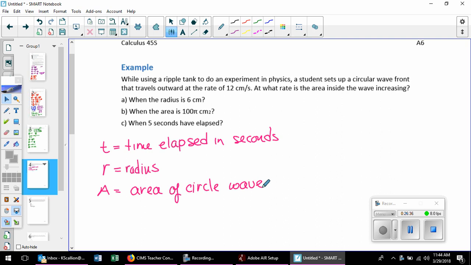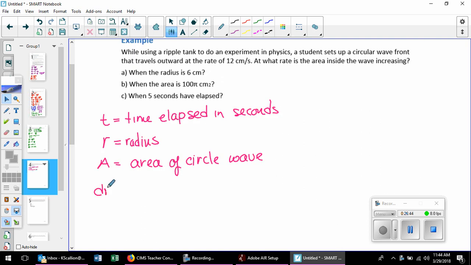All right. So what do we know? What information do we know for sure? What's the radius increasing at? So it's the dr over dt, which is increasing at 12 centimeters per second. So we have that one. What are we trying to figure out?